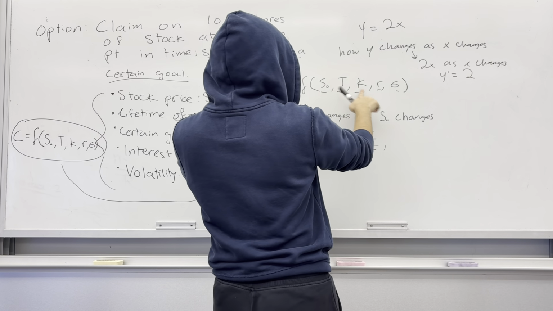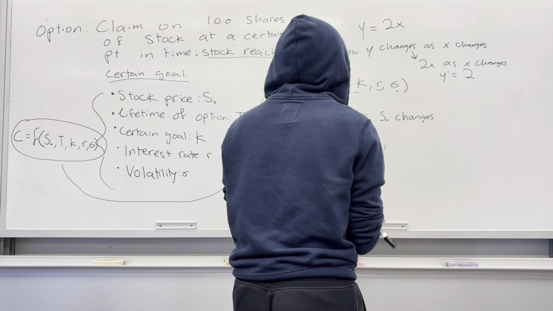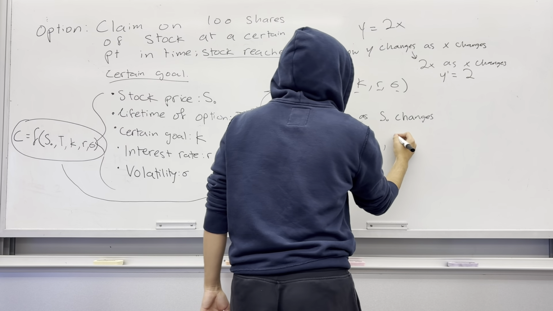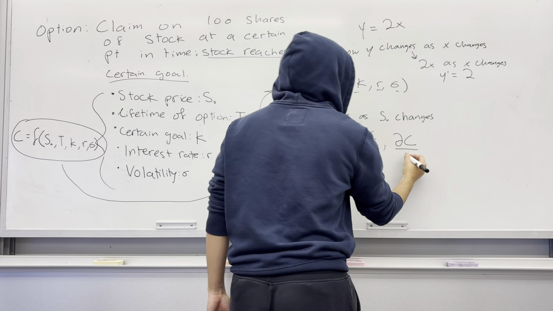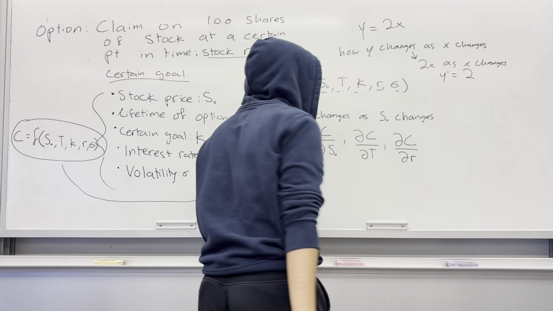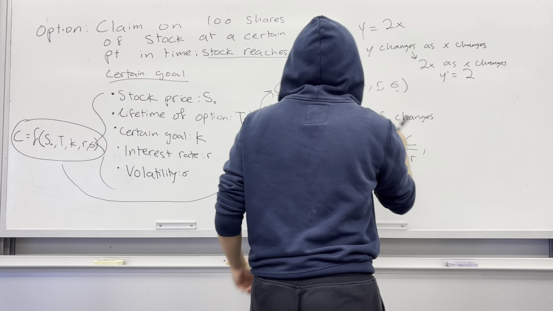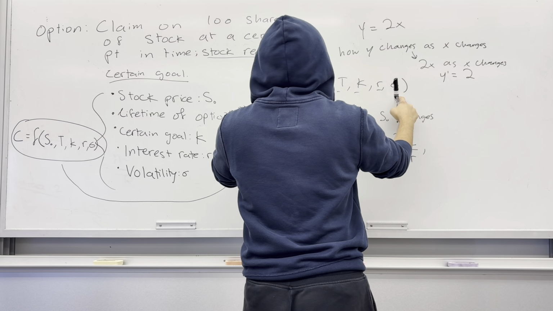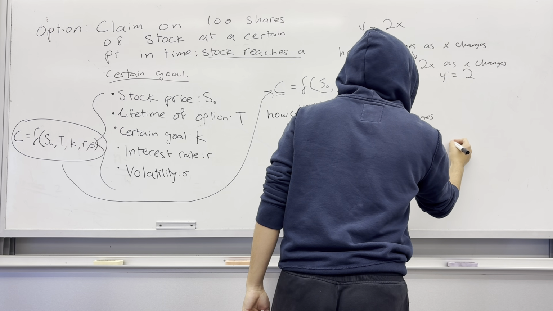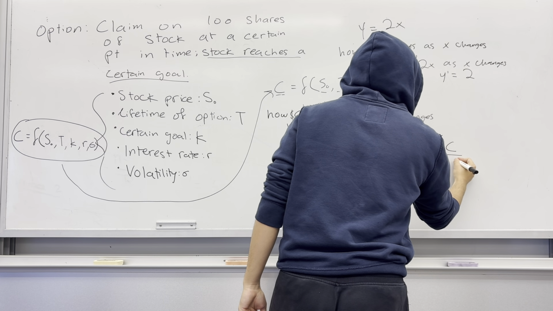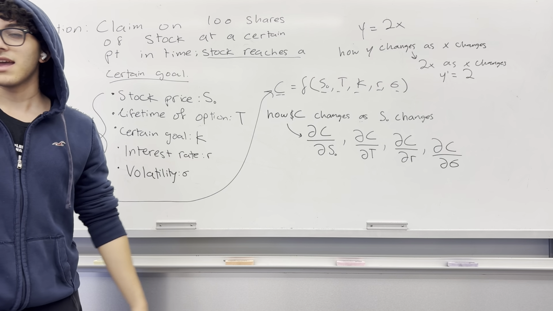Furthermore, we actually don't use the strike price and the call price; it's not important. But this, the change in the call price as the interest rate changes, right? The change in the call price as the volatility changes. Any questions?